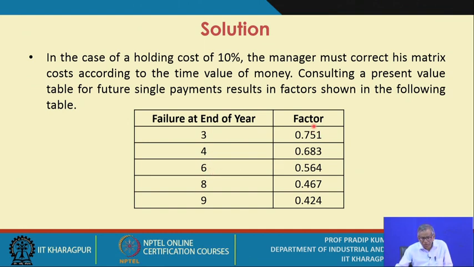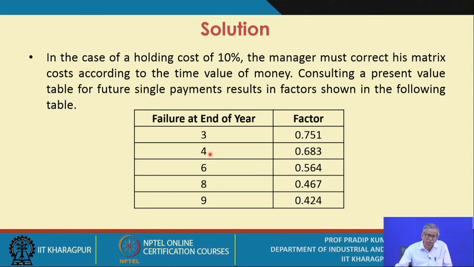So, now with the 10% holding cost, suppose at the end of 3rd year you need to purchase 1 compressor with, say, $1,000 obviously. Now, obviously its present value you should calculate, that means as of now. So, this value will be 1000 into 0.751.